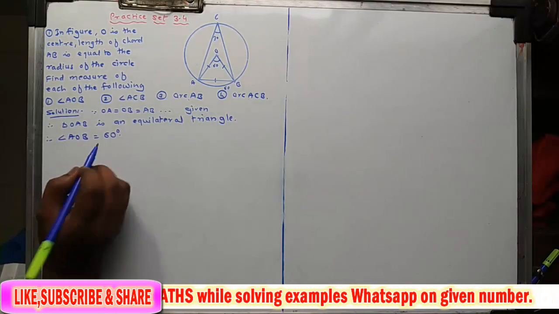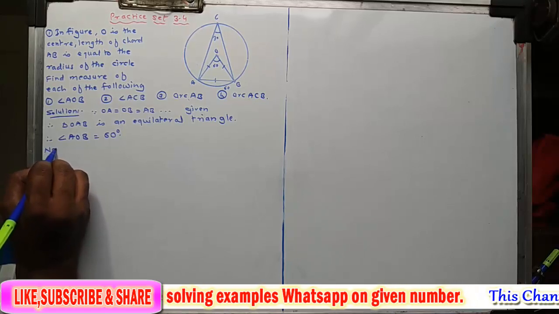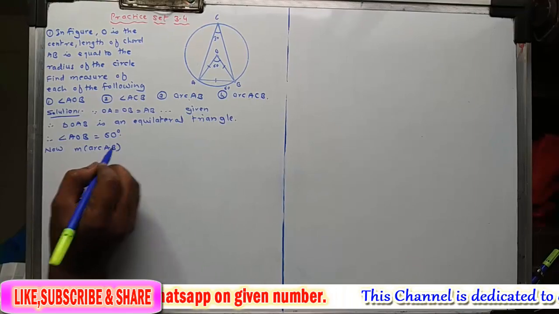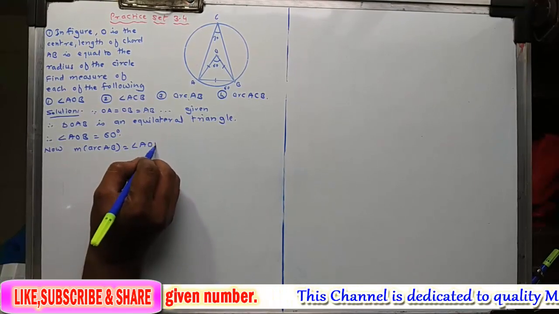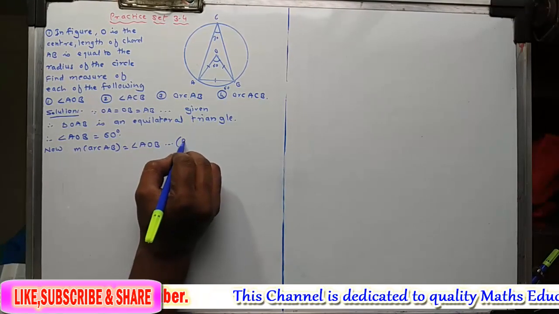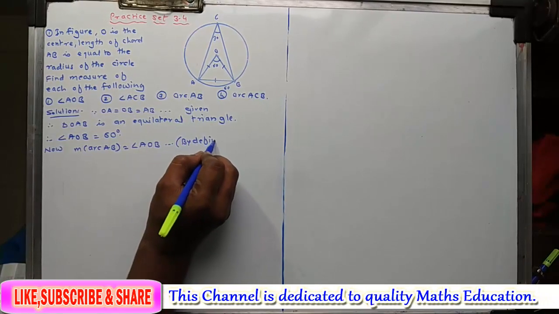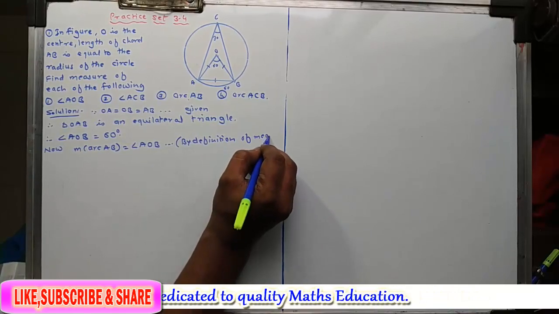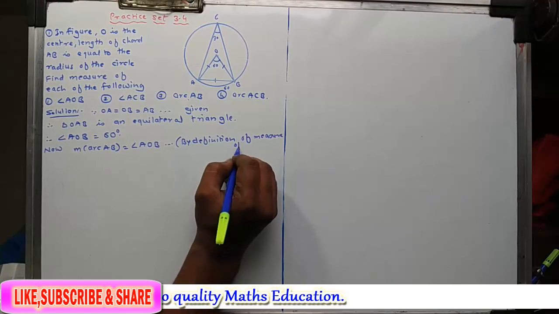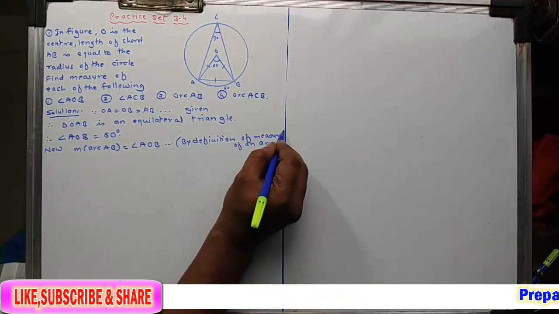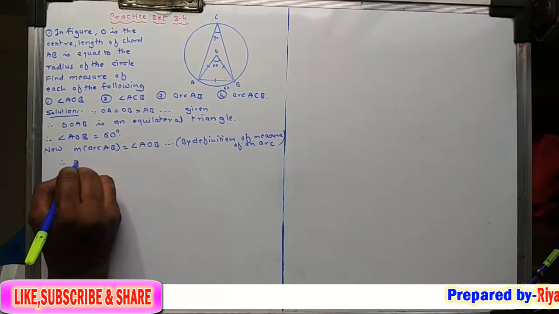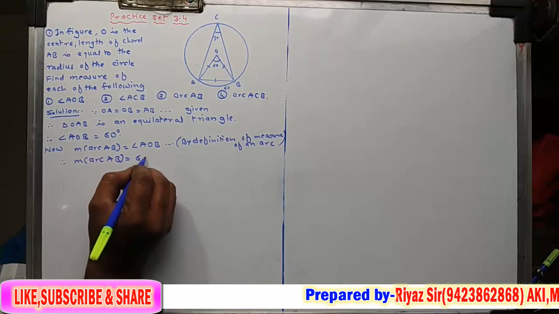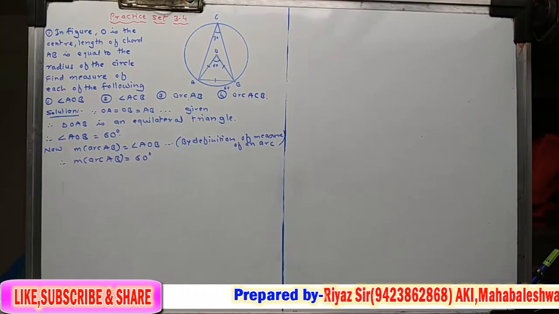Now the measure of arc AB is equal to angle AOB by the definition of measure of an arc. So the measure of arc AB is equal to how much? 60 degrees.